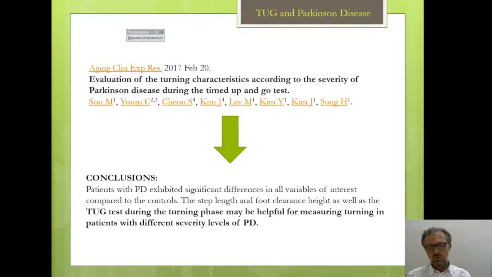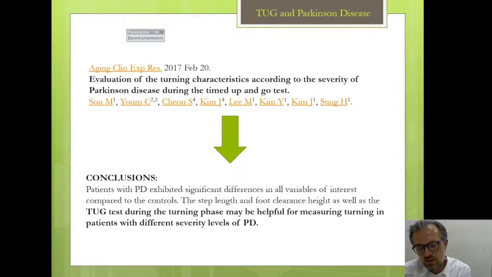As we know from the literature, it's very important to provide an objective evaluation with these ecological assessment tools, because the 6-minute walking test is strictly and well related to quality of life in our patients.